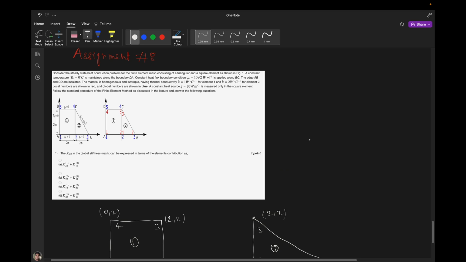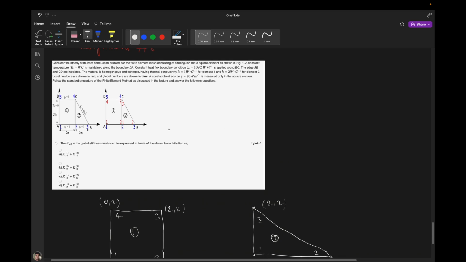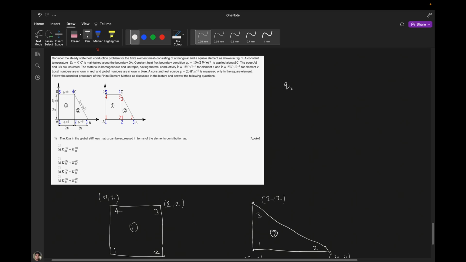It is given that Qn is 10 root 2 watt per meter, and the thermal conductivity for element 1 is K1 equal to 1 watt per degree centigrade, and K2 is 2 watt per degree centigrade.